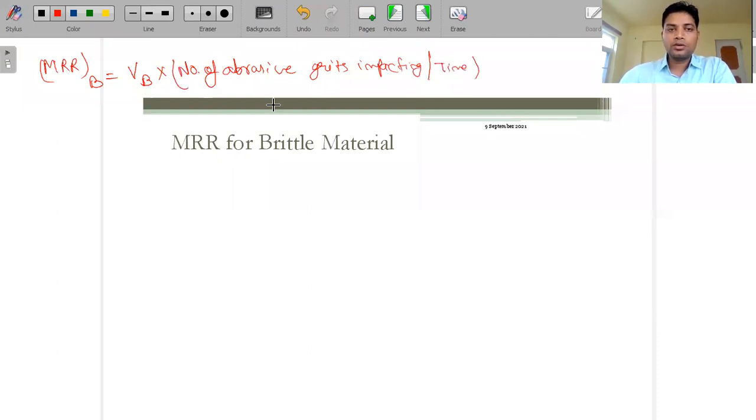This VB is how much volume is removed, and material removal rate is how much material is removed per unit time.